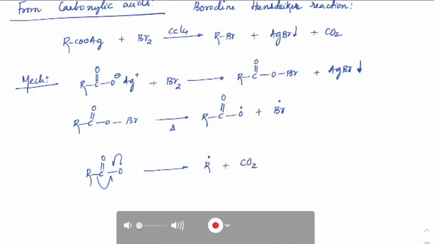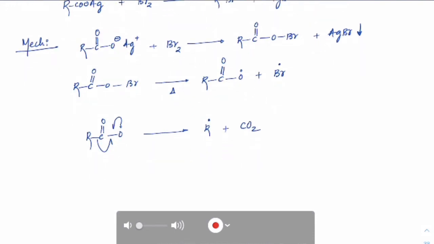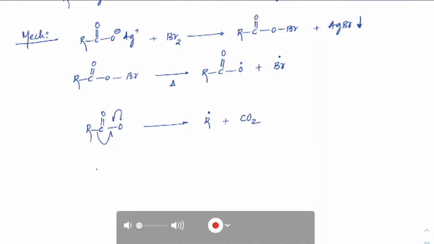You have seen all of this in Kolbe's electrolysis also. So we'll get R dot, and the R dot which has formed and the Br dot which has formed will undergo termination, or R dot can also be treated with Br2 to get again RBr plus Br dot.